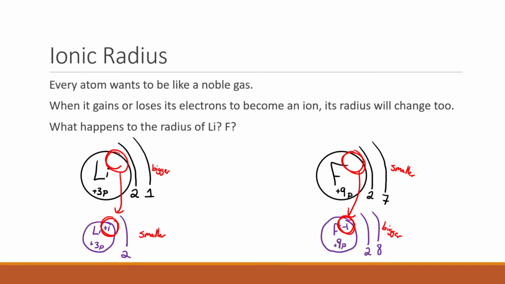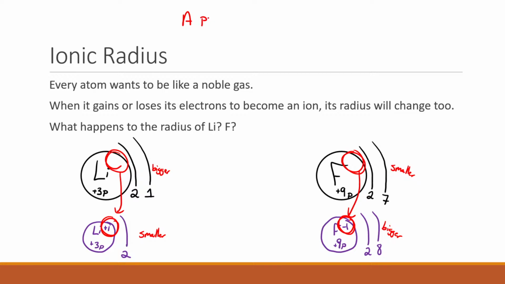When an atom becomes a positive ion, when an atom loses electrons, it becomes smaller. Sometimes it loses a whole shell. Other times, it just has fewer electrons to hold on to, meaning it can pull a little bit more strongly inward on those shells.